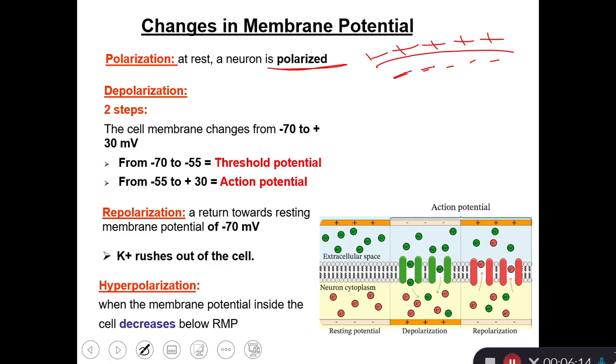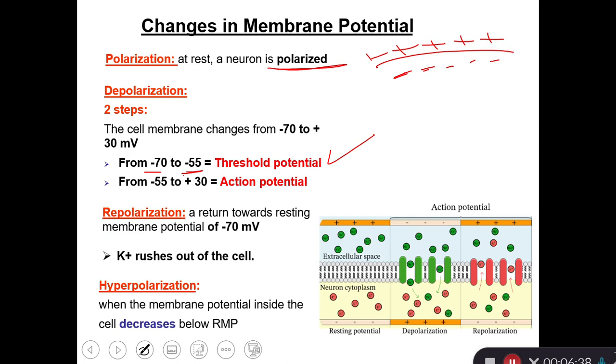This depolarization, which is making the membrane go to the positive side, happens in two steps. The first step happens from minus 70 to minus 55, which we call the threshold potential, which is a graded potential. Here, a neurotransmitter comes.